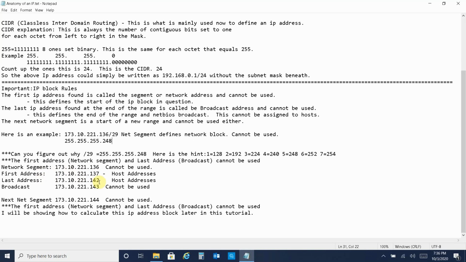And I think you can understand that because I just told you the amount of hosts, right? The broadcast address is 143. That cannot be used. And the next segment in this is 144, cannot be used. So the first address and the last address cannot be used in a range. I'll be showing you how to calculate this IP address block later in this tutorial.